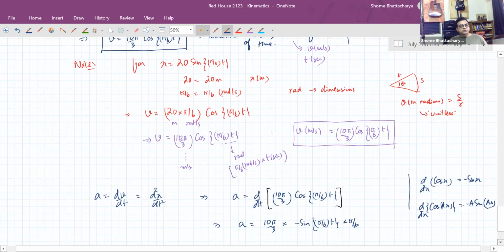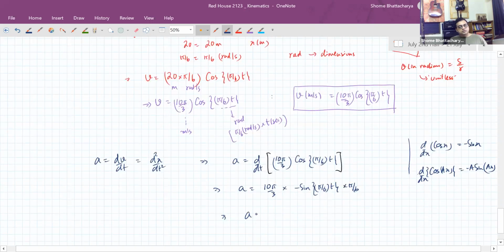So as you can see, this becomes, say, 5 pi square by 9 sine of, with a minus sign, of course. So minus 5 pi square by 9 sine of pi by 6 t. This is the instantaneous acceleration as a function of time.